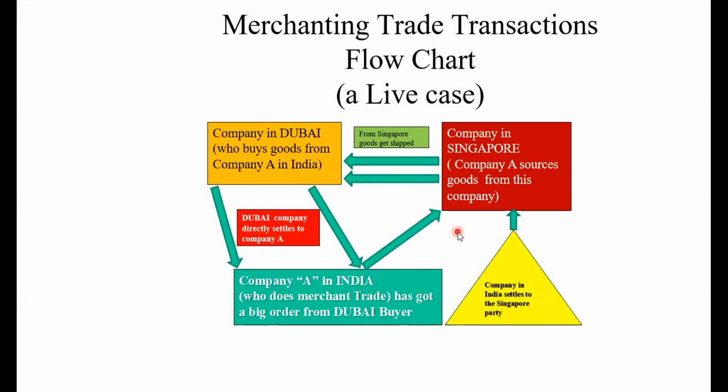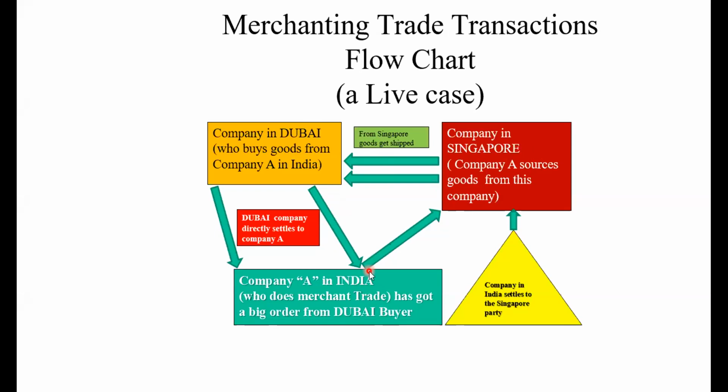The forex outlay means what? Only after the Dubai man settles, the Indian exporter should receive the dollar, and then only he can settle the dollar to the Singapore man. If supposing he settles to the Singapore man first and afterwards realizes the dollar from the Dubai man, then it will become a forex outflow, minus forex.